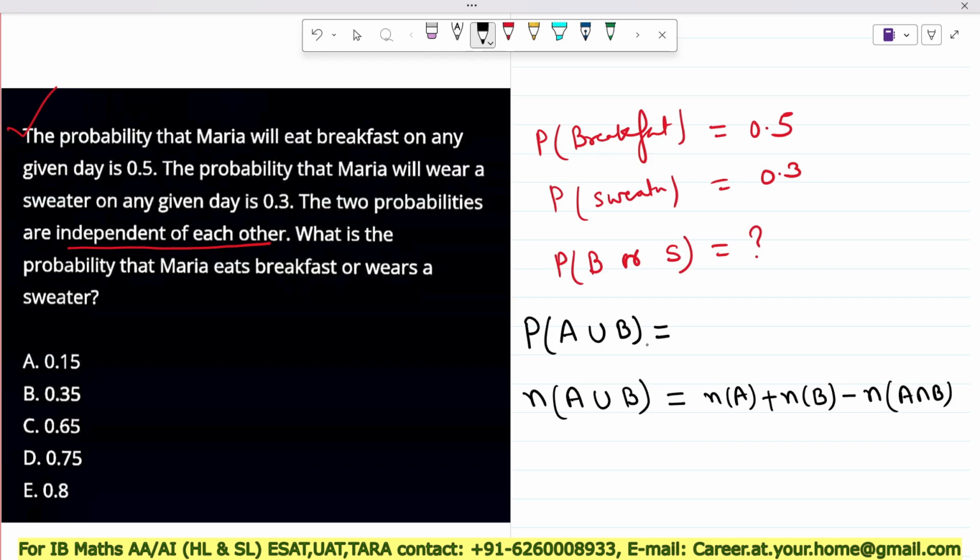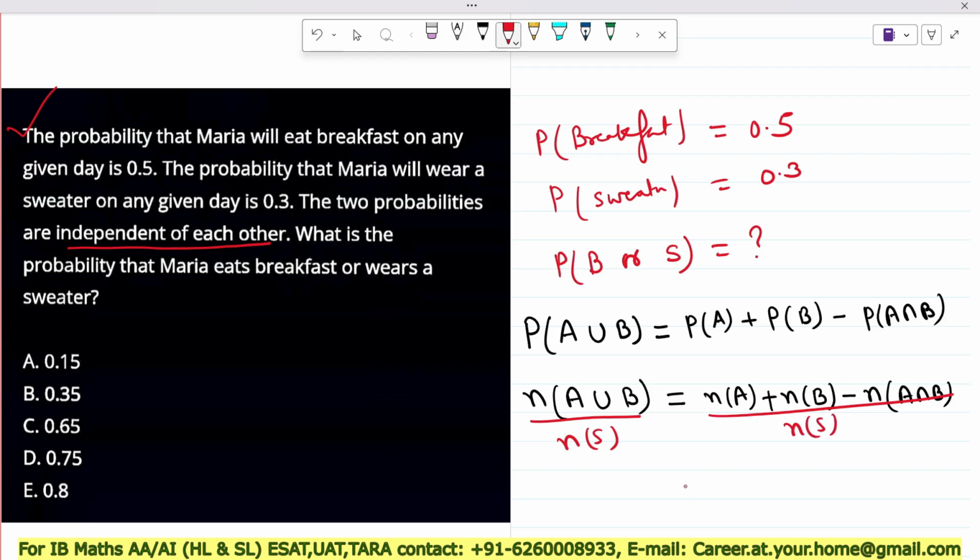Correct. Similarly, for probability you can have probability of A plus probability of B, minus probability of A intersection B. How can we get this formula? If you just divide both sides by n of S, it converts into probability.